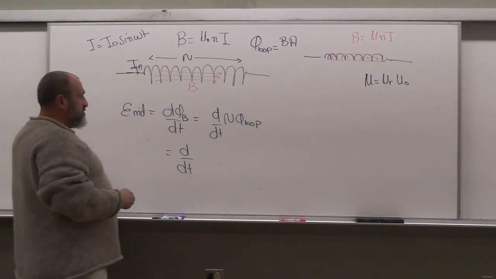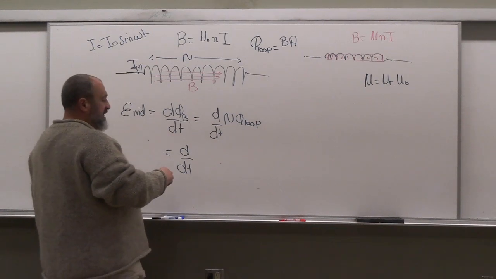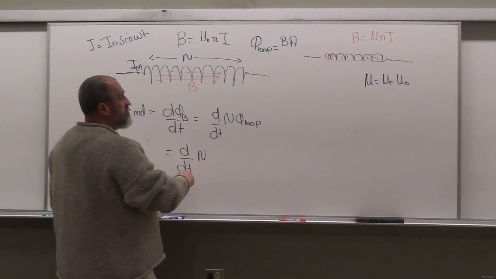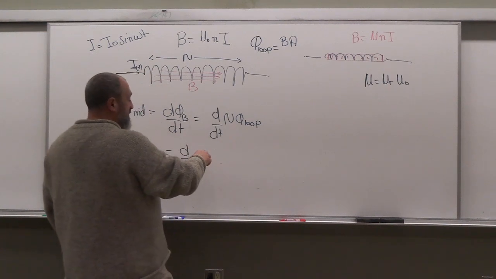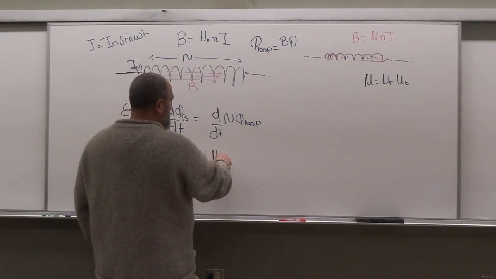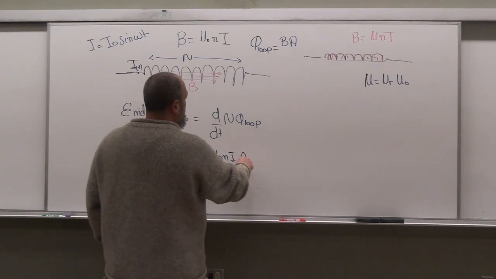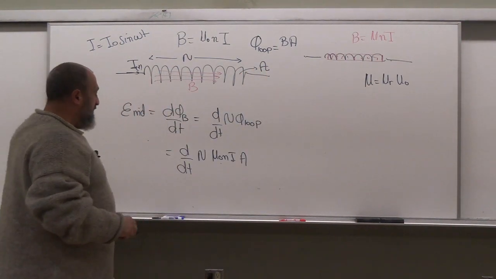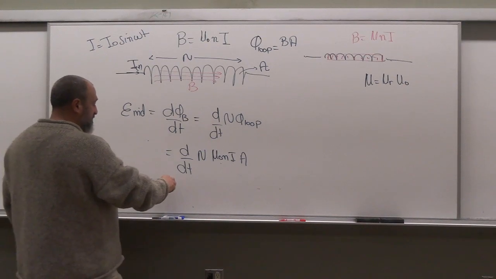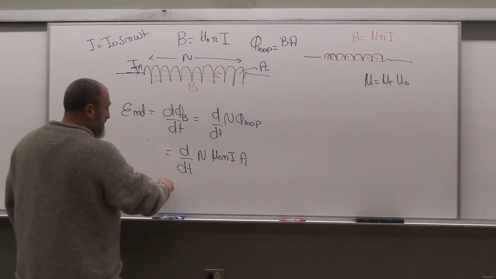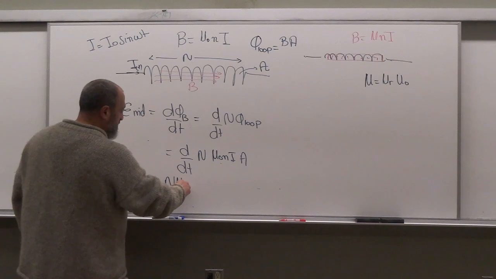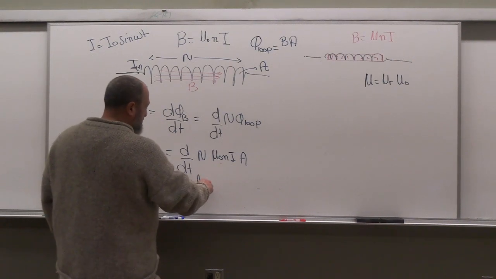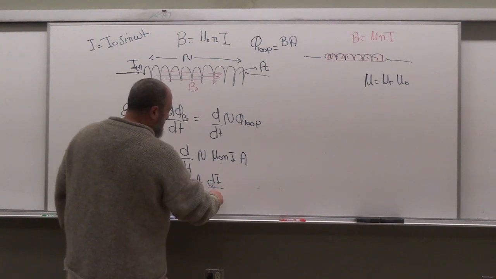So d by dt of N, and the flux per loop is equal to B times A. B is equal to mu naught n I, and A is the cross section of the solenoid. So that looks like N, mu naught, little n, A, times dI by dt.